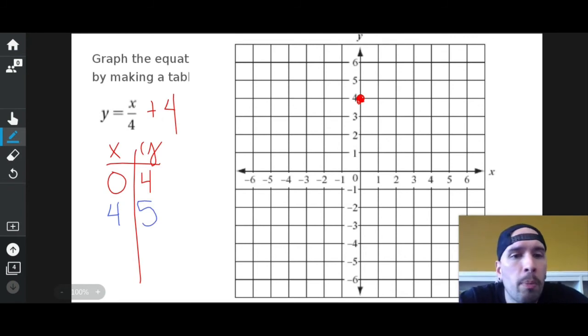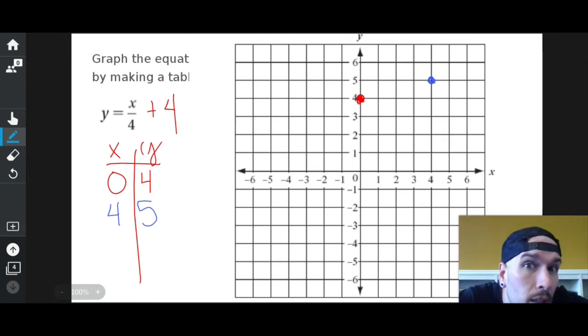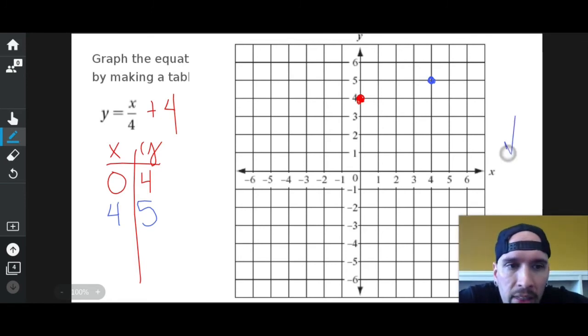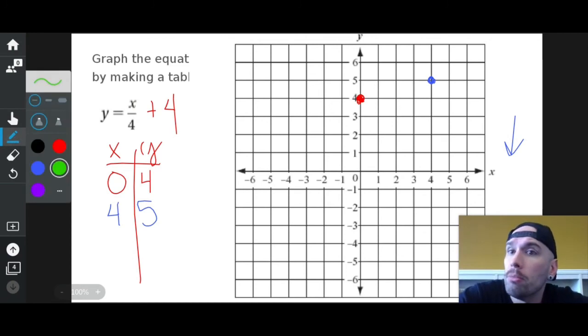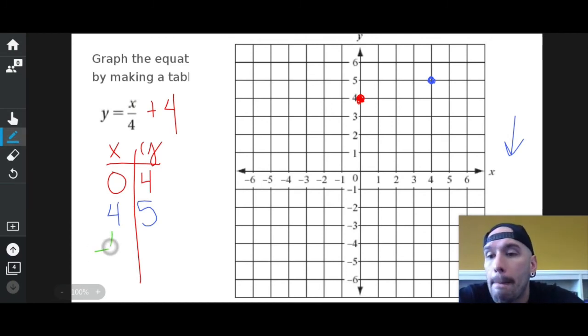So that gives me the point 4, 5. Now, common sense would tell me, let's plug in 8. But guess what? I can't. I can only plug in what's on the graph, and if you're wondering why, 8's not there. So I have one more option that I can plug in, negative 4.